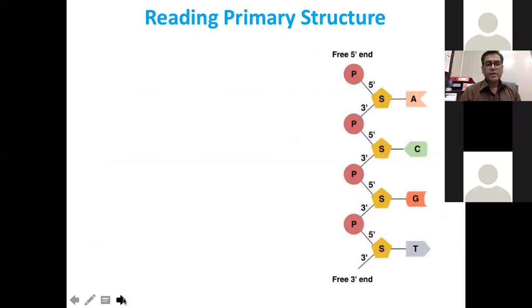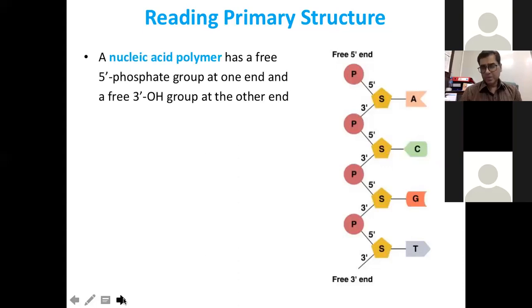By convention, or by design, we start reading the polymer of DNA in the direction of, as it has a free 5 prime phosphate group, as you can see over here, that this is the ribose sugar, this is the base adenine attached with this ribose sugar, and at the carbon number 5 of this pentose sugar, a phosphate is attached.